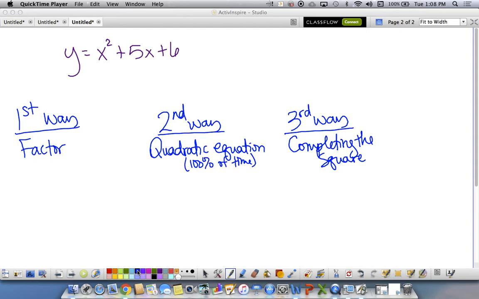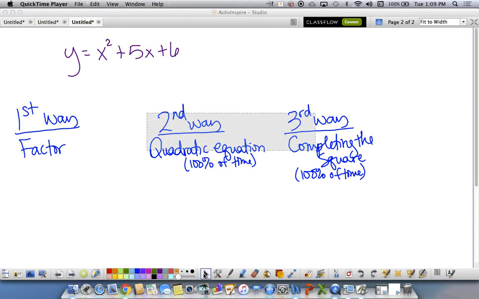It will end up becoming one that's very, very important. Okay, so if you don't like it, I may push you towards using it more often. It will work 100% of the time. Every time, always.